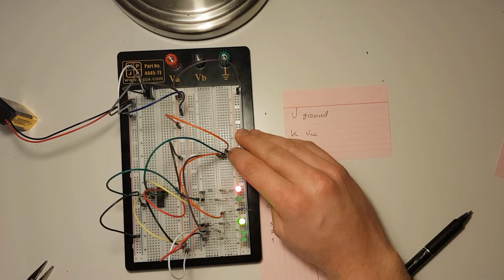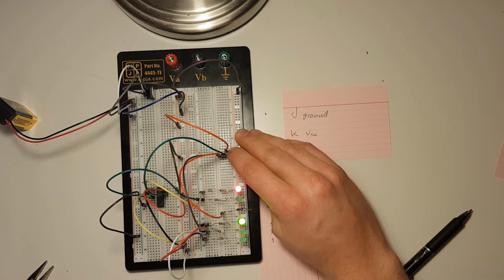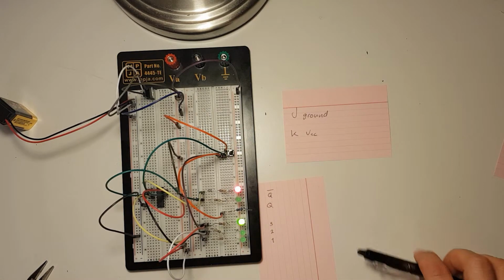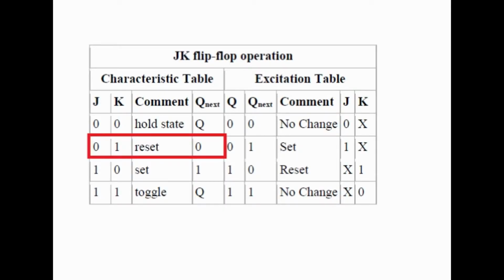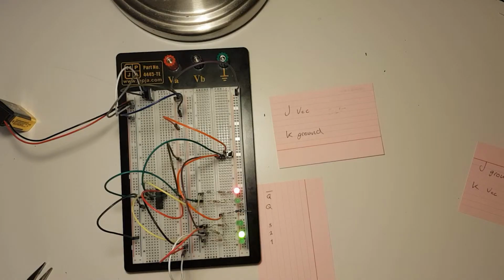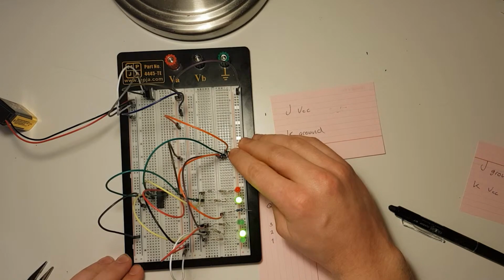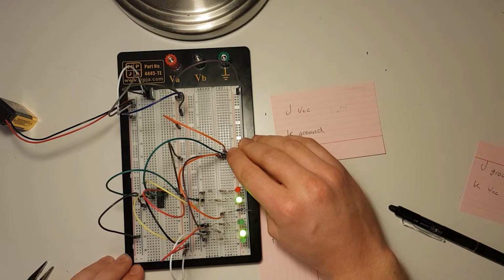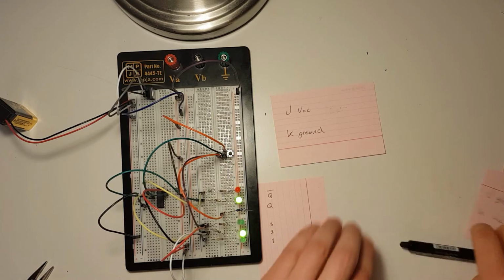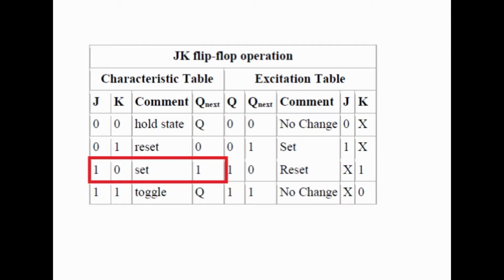The next thing we did was we put J to ground and K to VCC, and the circuit showed that we had a reset state. Next we put J to VCC and K to ground, and the result of that was that the only thing that happened was that one light turned on, so it's a set state.